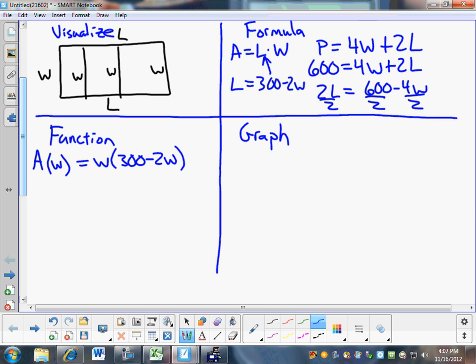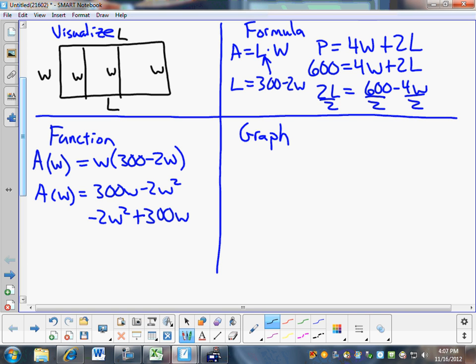If I distribute that through, I have area in terms of W is equal to 300W minus 2W squared, or negative 2W squared plus 300W. I've written my function. Now it's time to graph it.